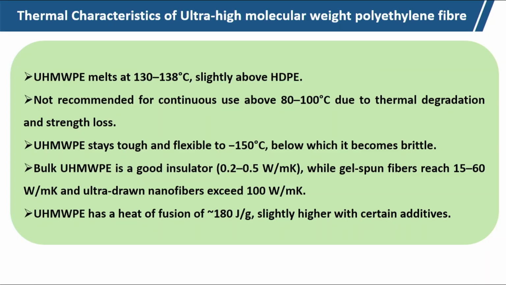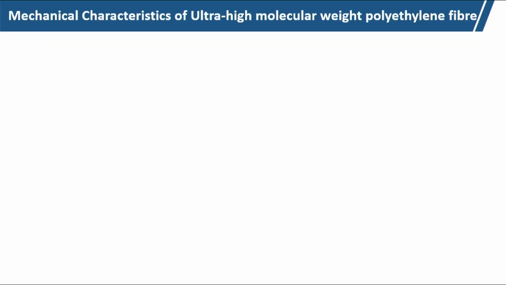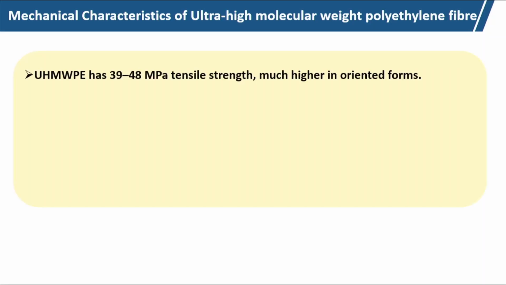This fiber has a heat of fusion of 80 joules per gram, slightly higher than certain additives. Now, ultra high molecular weight polyethylene is known for its good mechanical characteristics. It has tensile strength from 39 to 48 megapascal, much higher in oriented form.